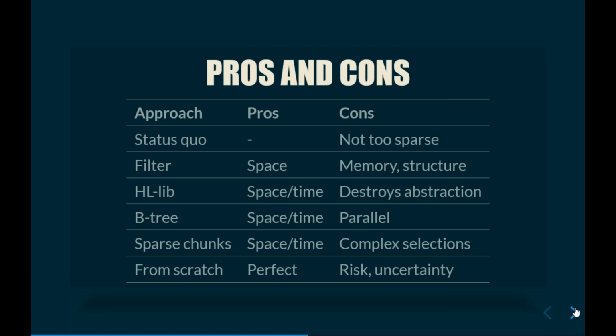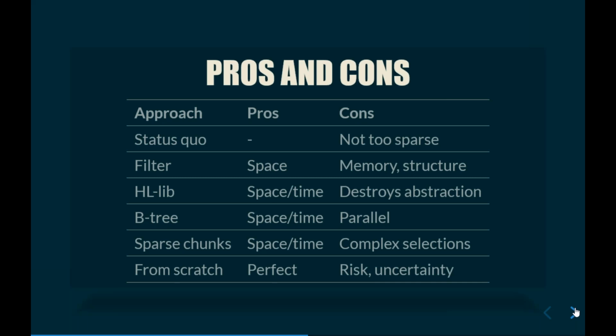With the status quo, HDF5 remains the way it is today, and the main disadvantage with the chunking and compression approach would be that it works reasonably well only if, A, your compression is doing well, should you use compression, and B, if the data is not too sparse.